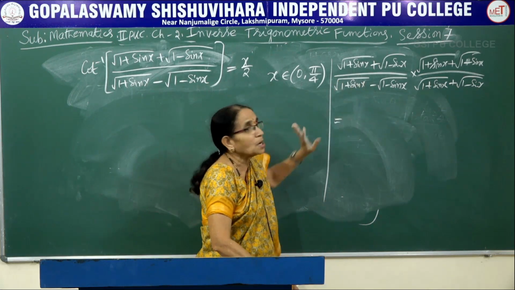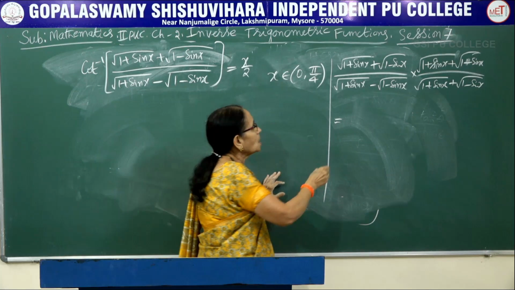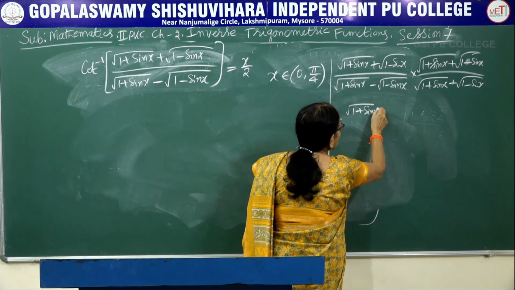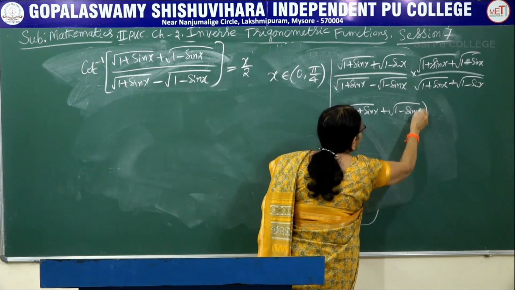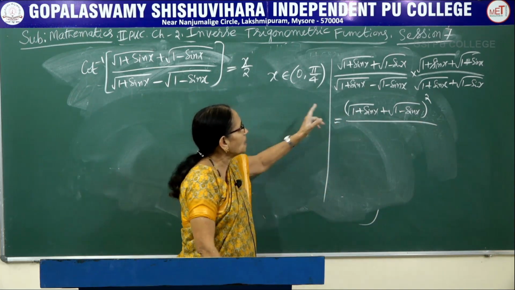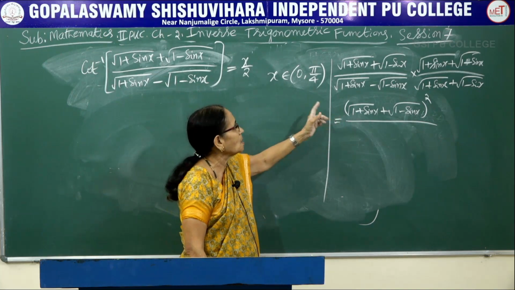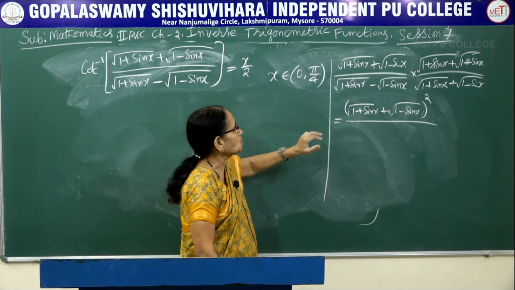It is a plus b into a plus b. So we use our high school algebraic formula. A plus b into a plus b is a plus b the whole square, root of 1 minus sin x the whole square. And look at the denominator. It is a minus b into a plus b. Another algebraic formula, a minus b into a plus b is a square minus b square.